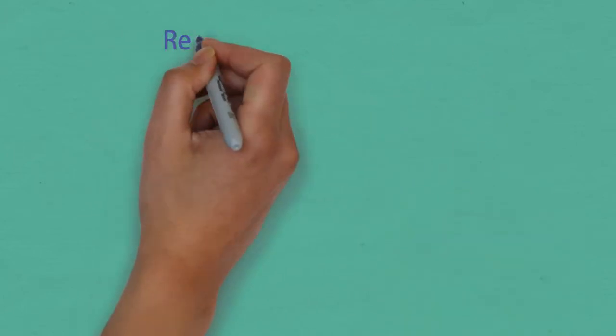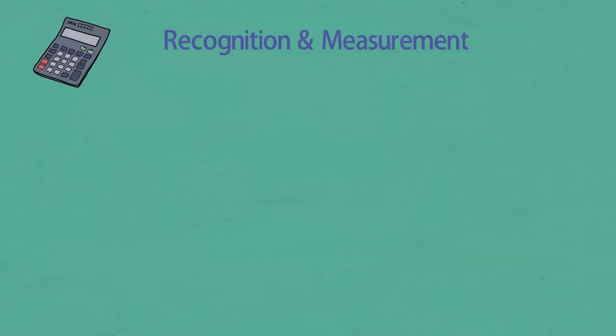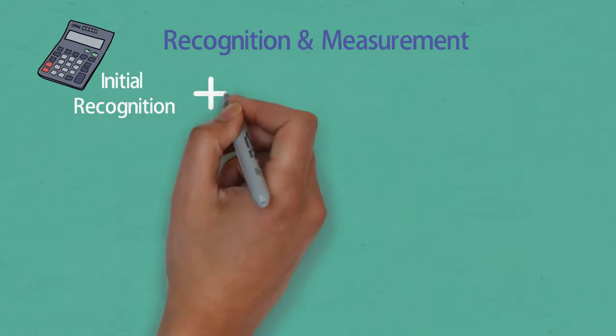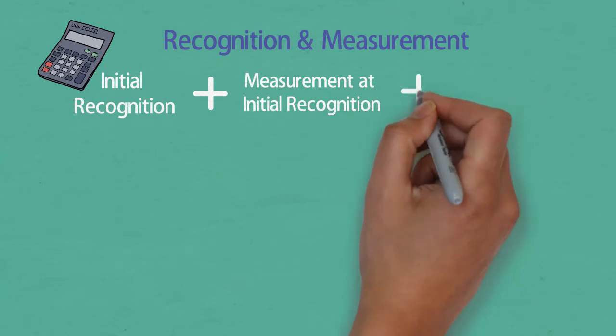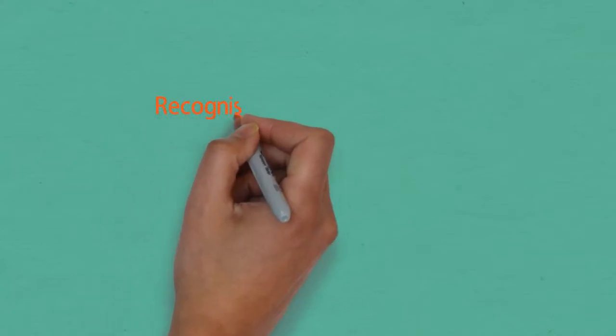Now that we have defined the terms, we will move on to the recognition provisions, which will be discussed in three parts. First, initial recognition. Second, measurement at initial recognition. And third, measurement after initial recognition, that is subsequent measurement. Let us first understand when to recognize an asset as PPE.